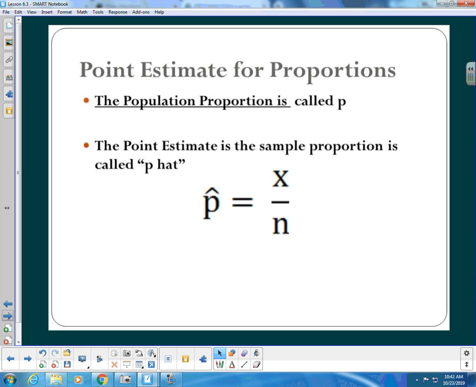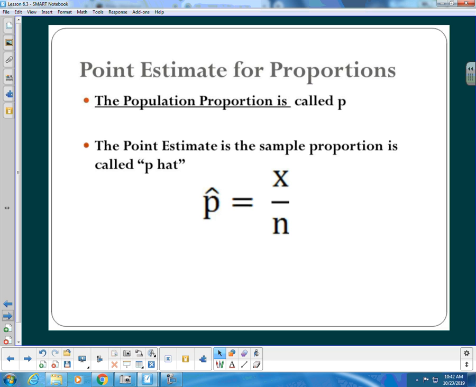So let's say I have 300 people and I found that 100 of them watch Netflix. So the point estimate would be 100 over 300, or 0.33. So you're finding the proportion of the population that is in that category. You're just dividing.